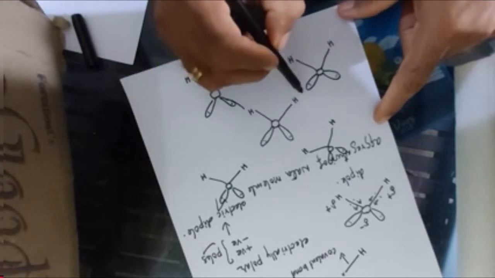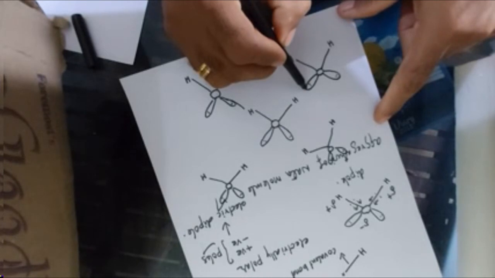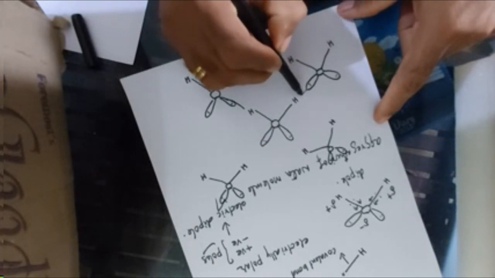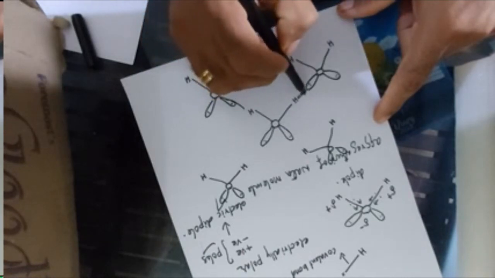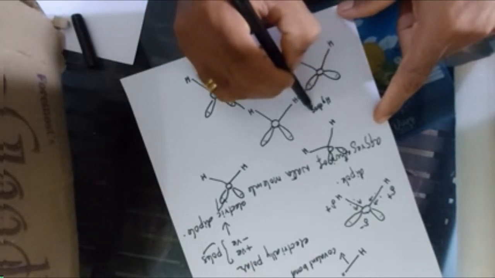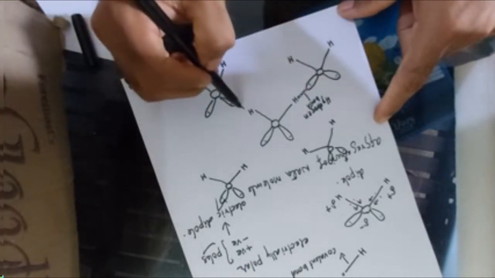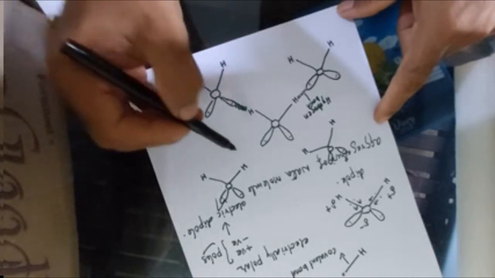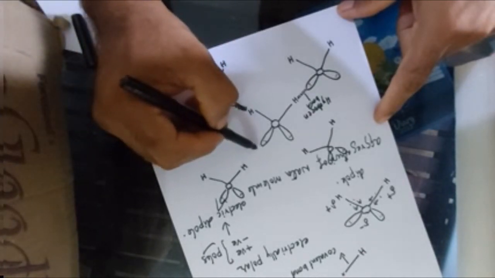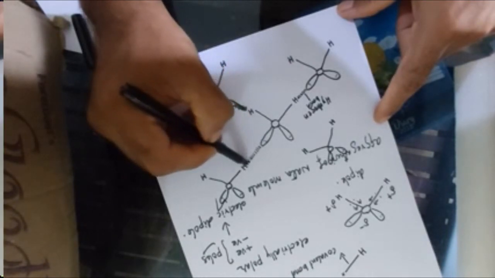These hydrogen atoms and these electrons will be attracted to each other, share their electrons and form a bond, and this bond is called a hydrogen bond. The same case here, this will be shared here, between this lone pair and this hydrogen atom.